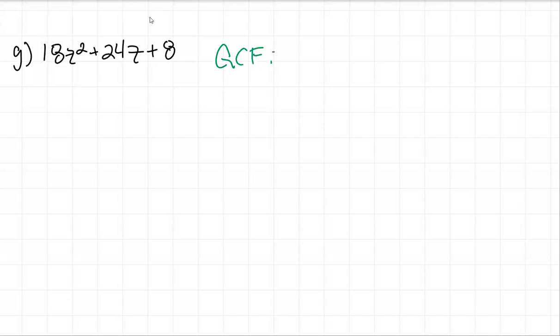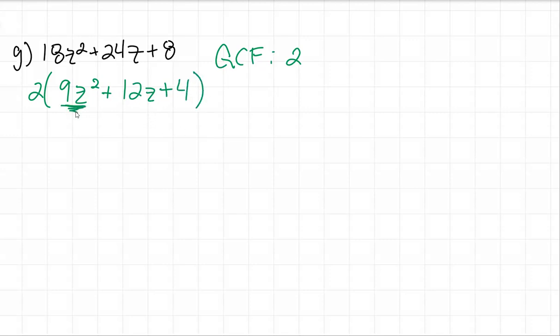What goes into all of these? It looks like it is 4, oh, not 4, 2. Factor out a 2, we get 9z squared plus 12z plus 4. Okay, look at your first term, your z squared term, and your constant term, your ax squared and your c.